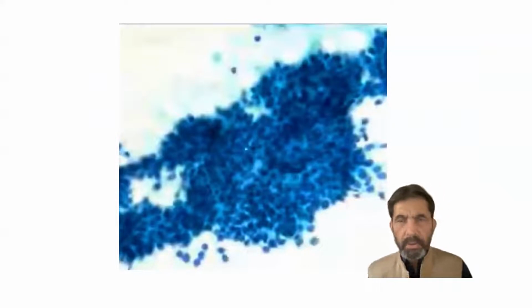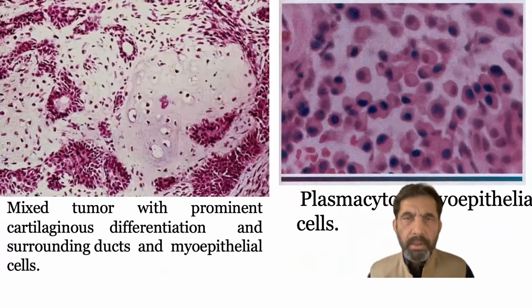If you see here, this is cytology, this is sebaceous metaplasia, again these are myoepithelial cells, and the spindle cells you are looking at. This is the solid variant, still very difficult to diagnose, mostly comprised of myoepithelium.